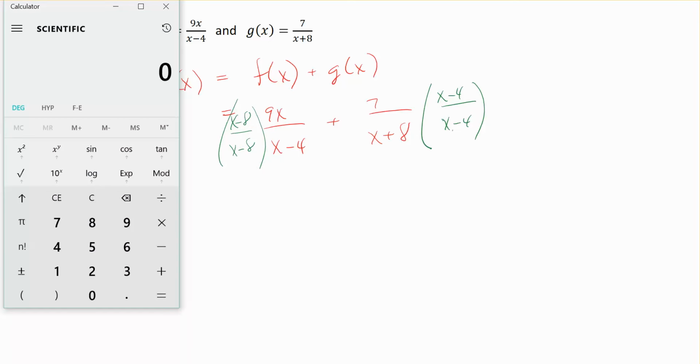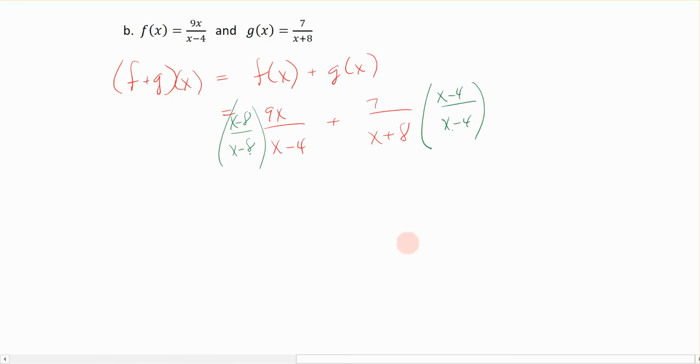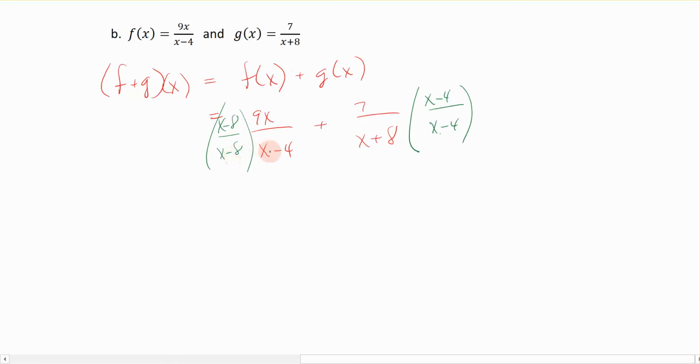When I multiply, that's going to give me two denominators that are exactly the same.